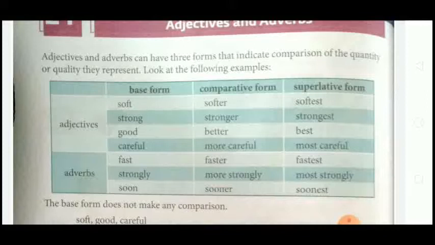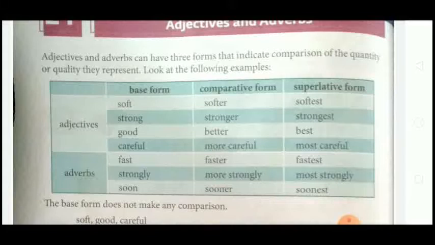If the adjective is soft, then what will be the comparative form? First let us understand what is comparative. When you want to compare one person, place or thing with another, when there is a comparison between two, then it is the comparative form. When the comparison is among more than two, then it is the superlative form.